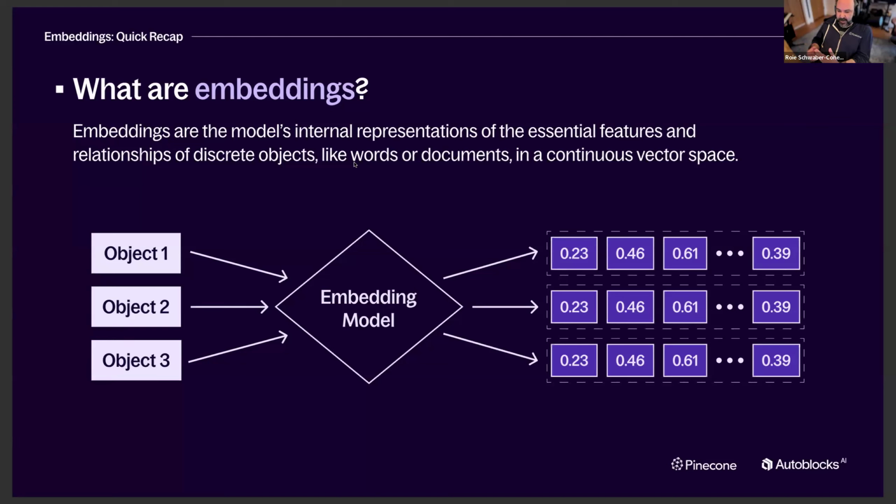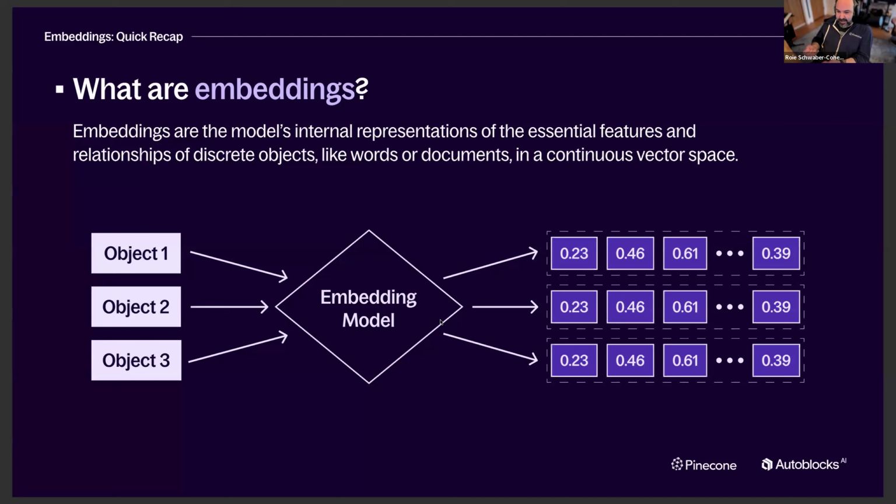But the way that you can think of it is these representations help the model understand, quote unquote, the relationships between objects that it's being exposed to, and then represent them in a way that is usable for the model itself and for systems downstream.